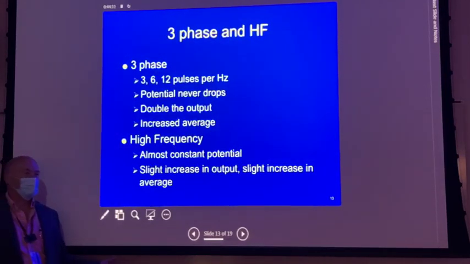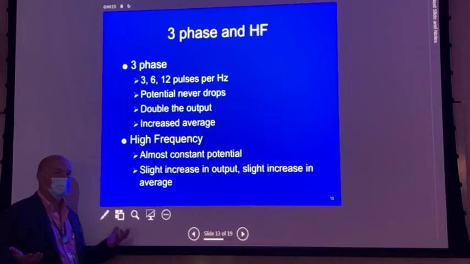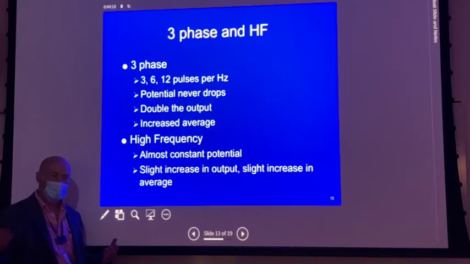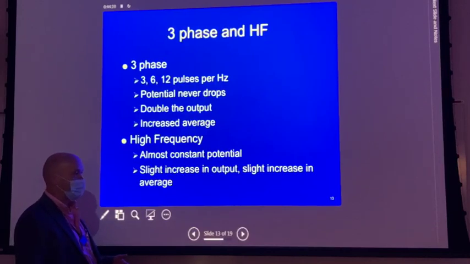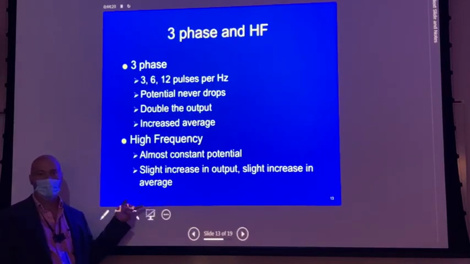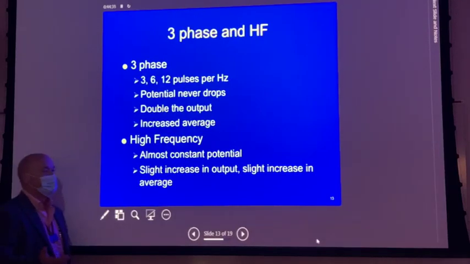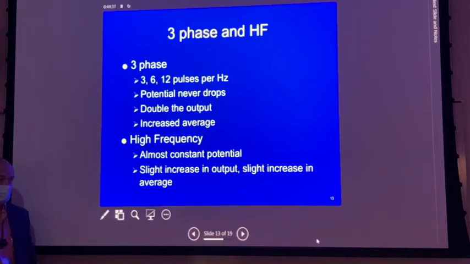So I think they were looking at it, and they thought, well, we're going to spend all this money developing this brand new technology to come to a point where we lose less than 1% of the voltage ripple. And it just kind of died in committee, I guess. So slight increase in output, slight increase in average over 3 phase. It's pretty dramatic whenever you compare it to single phase.